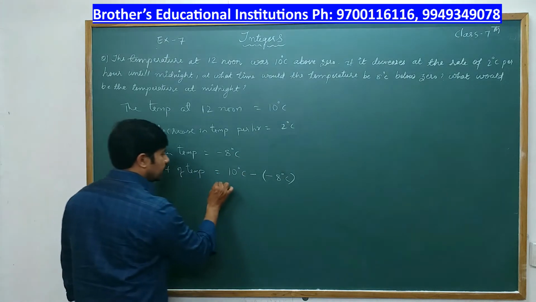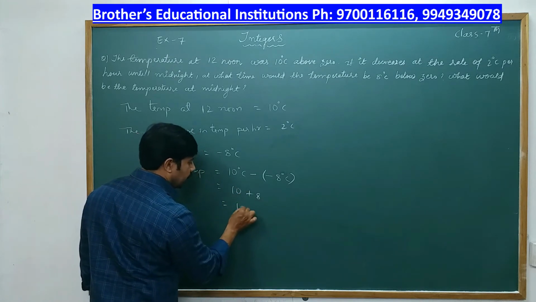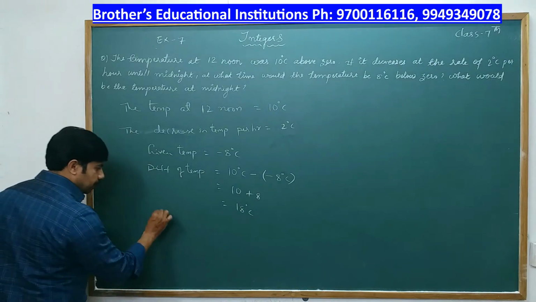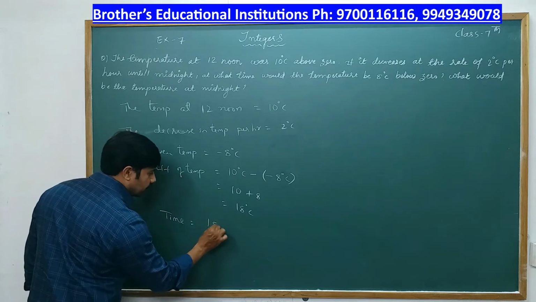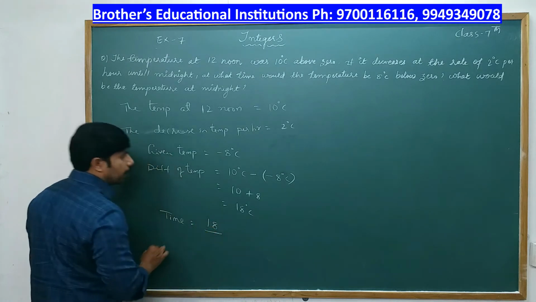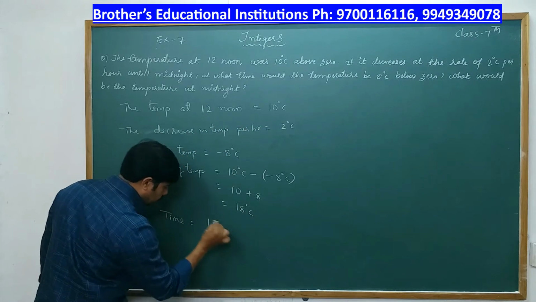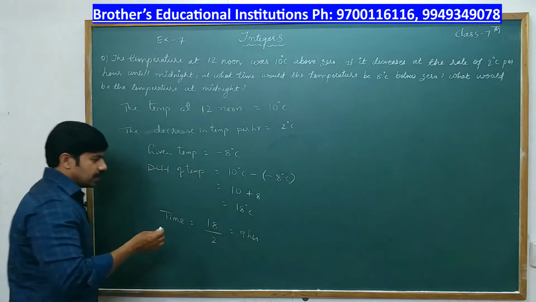So we get 10 plus 8, that is 18 degrees Celsius. To find the time, we divide the difference of temperature by the decrease in temperature per hour. 18 by 2 is 9 hours.